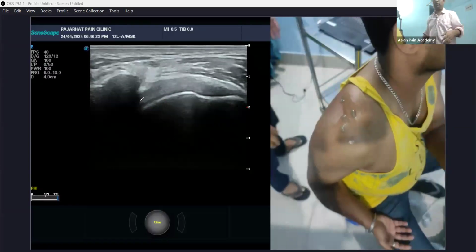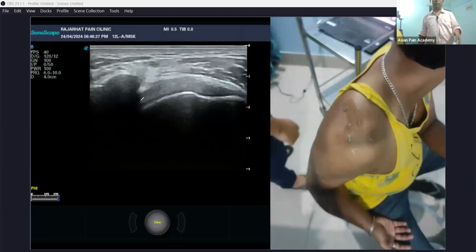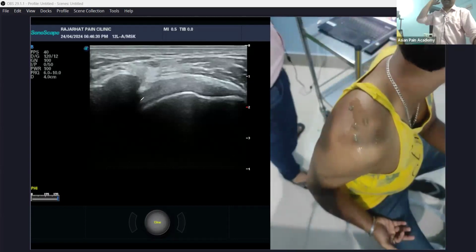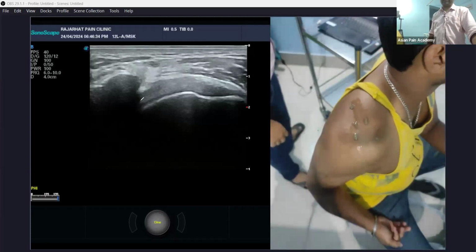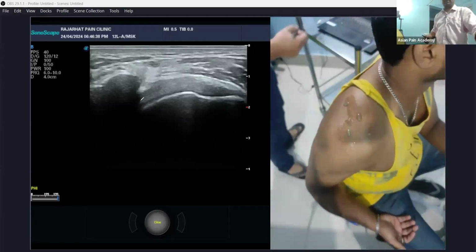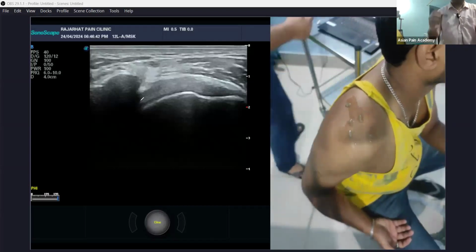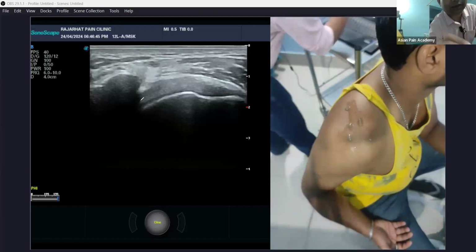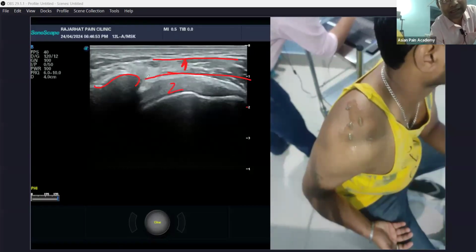While showing the muscles, I tell you there is another structure which we have already talked about, that is the SASD bursa. Where should we find it? We should find it between the supraspinatus tendon and the deltoid muscle or acromion. This is the acromion and this is the deltoid, the first layer and second layer.